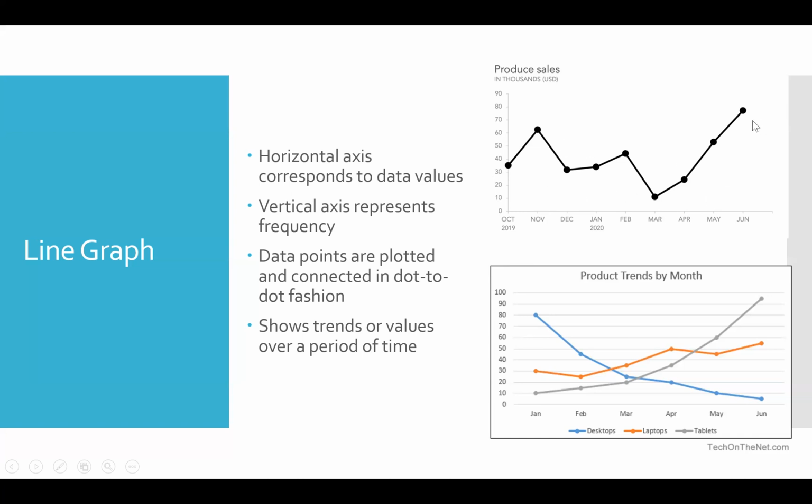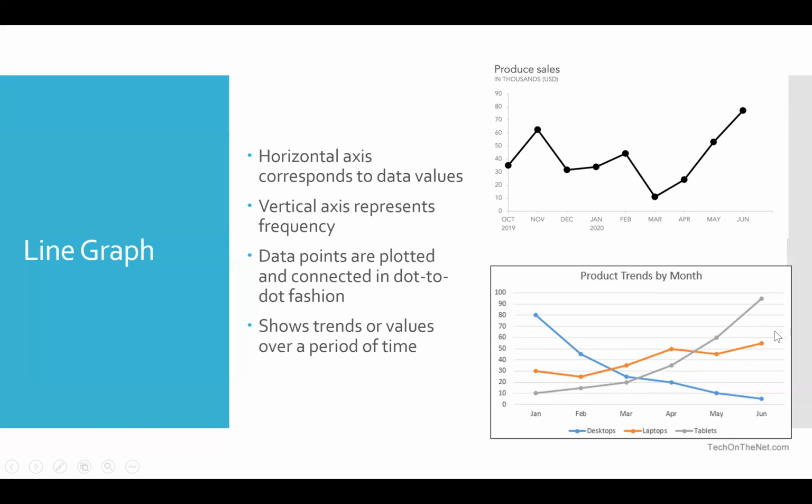So a line graph is usually a kind of combination because you have qualitative and quantitative data. But again, it allows you to see trends. If we're looking at the one on the lower left, or excuse me, lower right, I can see that the sales for desktops have decreased while the sales of tablets have increased.